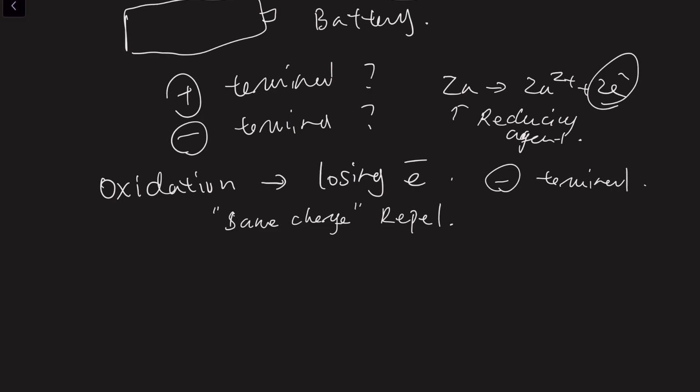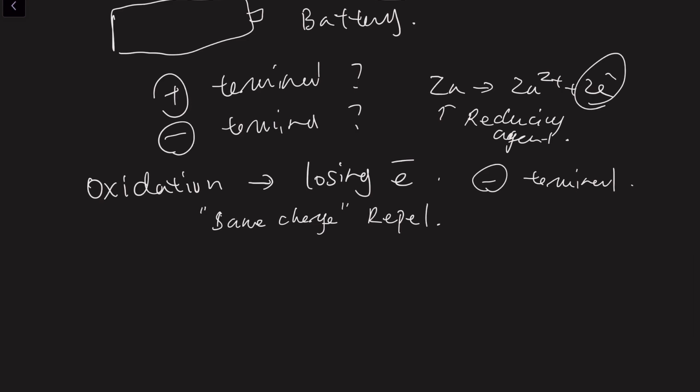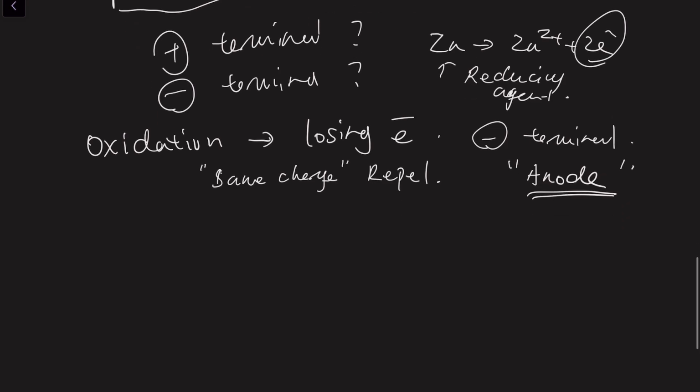Because electrons exit this oxidation site. And the fact that electron leaves this site means it is negative. Because same charge repel each other. And the site of oxidation is called anode. In the next section, we will explain why this is called anode.